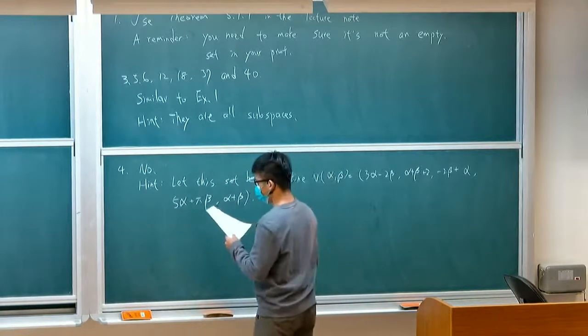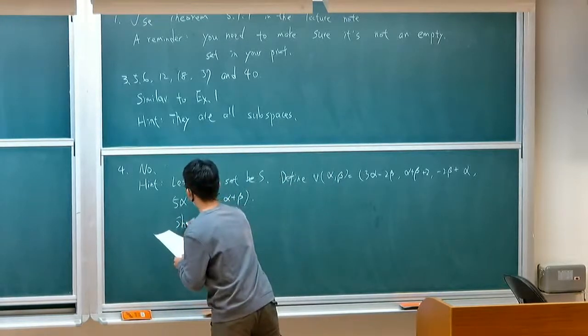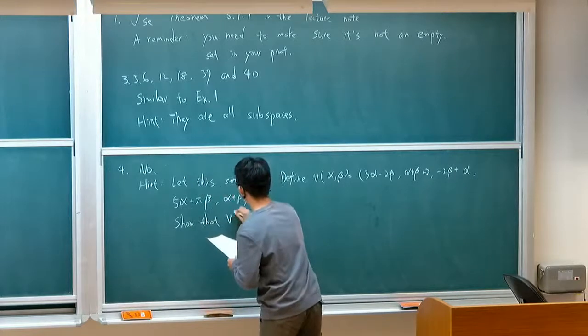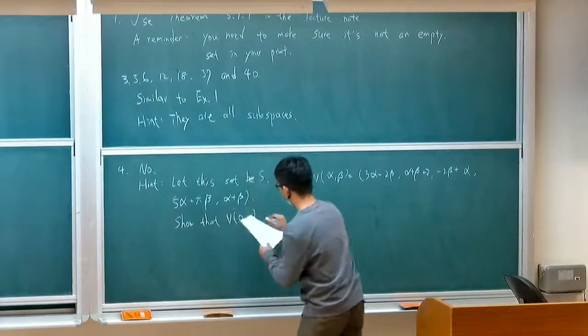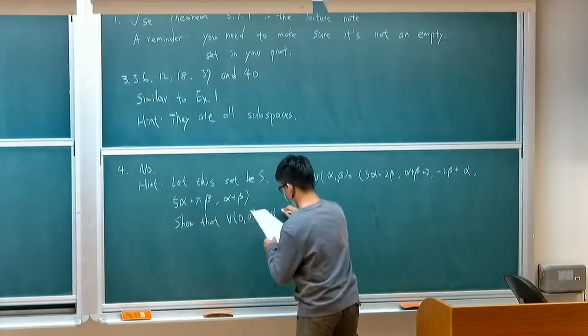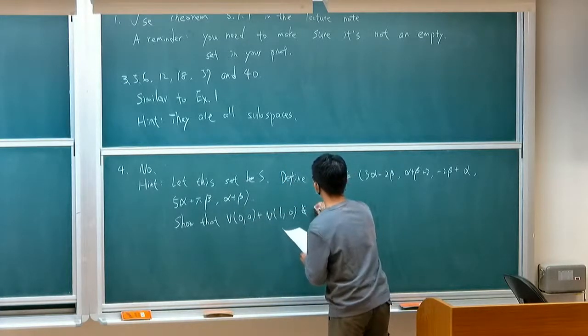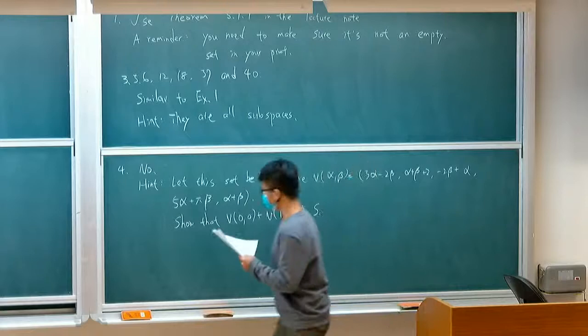Now what you need to do is show that V of (0, 0) plus V of (1, 0) is not an element of S.